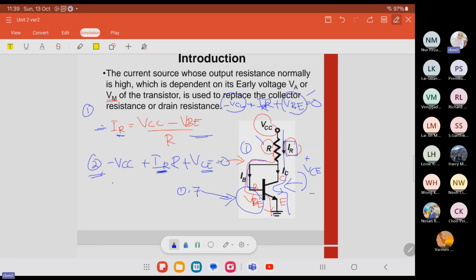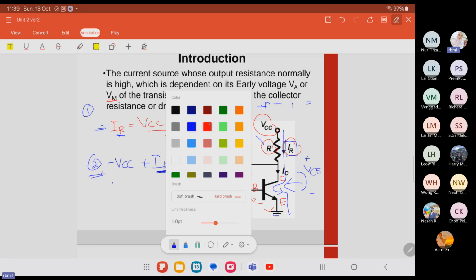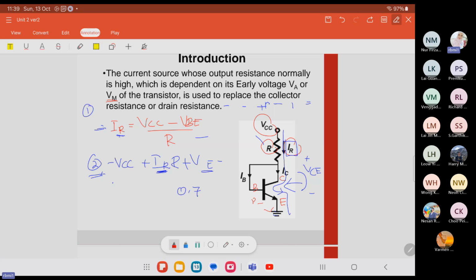So in the basic concept of KVL, I just want to show something here. To apply KVL, we assume that VCC is connected to the ground.